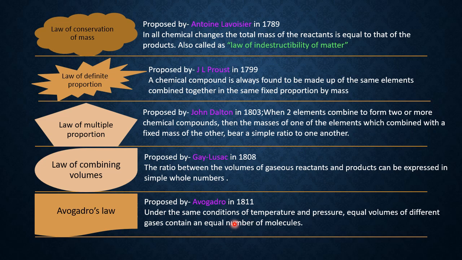But here, in the case of gases, if you take 22.4 liters, there I said 1 mole of any substance, this is what? 22.4 liters of any gas. That sample is made up of 6.022 into 10 to the power 23 molecules of that gas. So Avogadro's law is expanded here for gases, right?